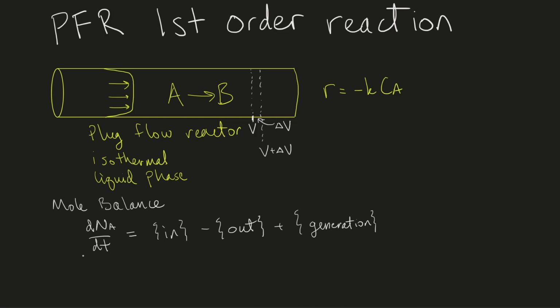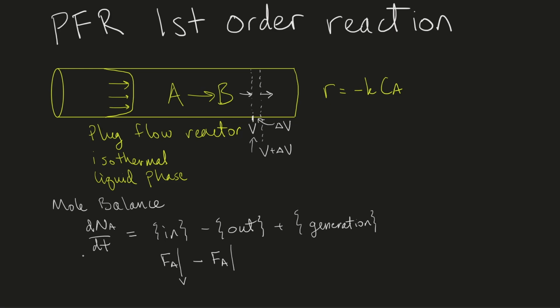How does that change the reactants and products? So we're going to look at what comes in and what comes out. So this in term is going to be our molar flow rate of A. That's our species A. And the out term is going to be molar flow rate of A as well. But here, this first one is going to be evaluated at the point V, at this area right here.